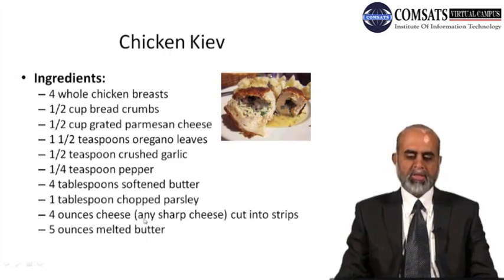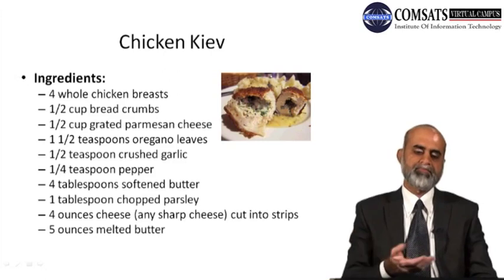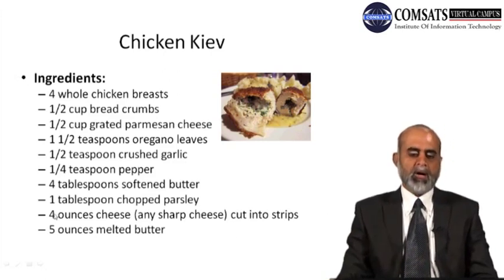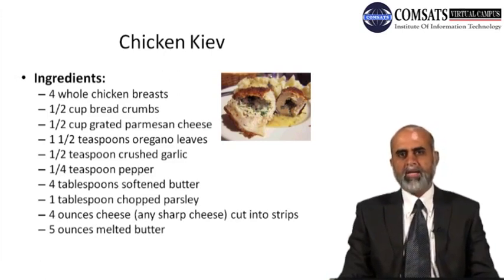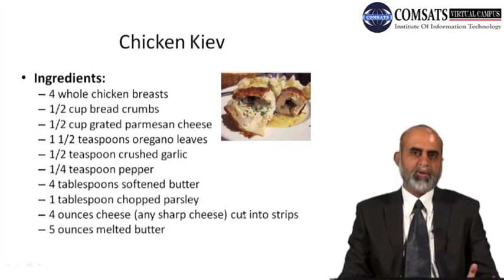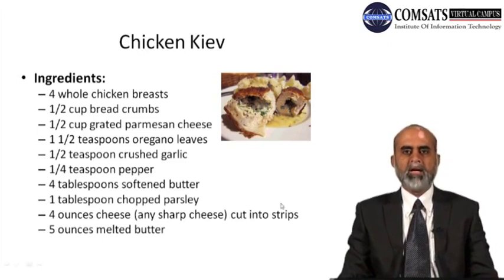4 ounces cheese, any sharp cheese would do, and it should be cut into strips, long strips. And how much is 1 ounce? Yes, it's something like 28 point some. I don't know the exact amount, but it is 28.4 or something of a gram that is called 1 ounce.